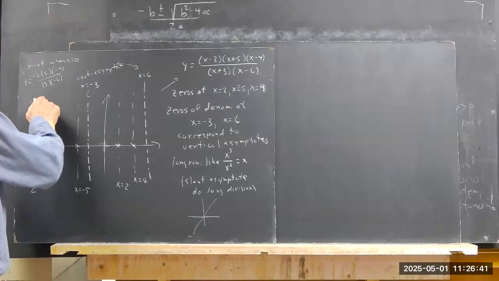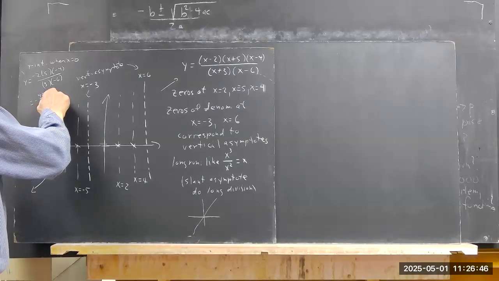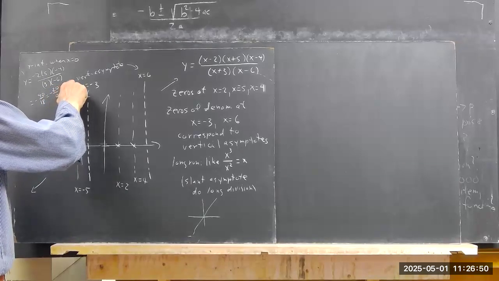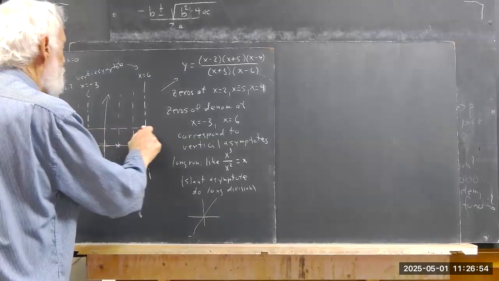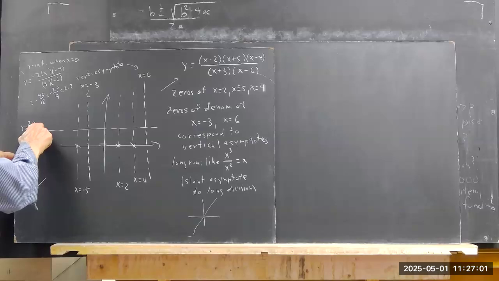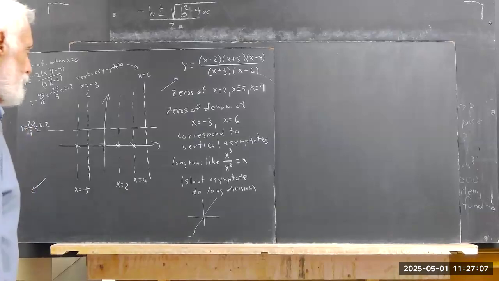This is -18. So it's -40 over 18, which is -20 over 9, which is approximately 2.2. So your y-intercept is 20 over 9, which is approximately 2.2.